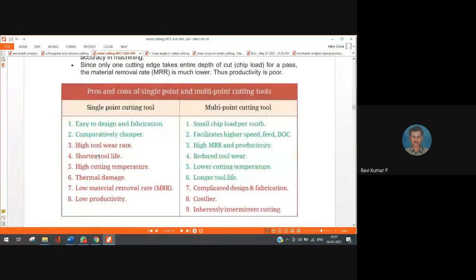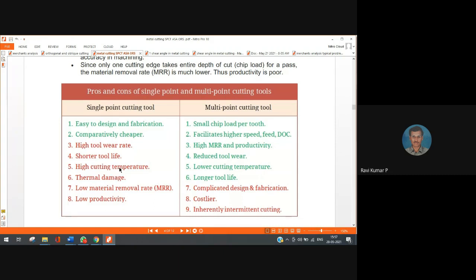When we talk about single point versus multi-point cutting tools, we have their relative advantages and limitations. Single point cutting tool is easy to design and fabricate, fabricate meaning grinding those surfaces. It is comparatively cheaper, but you cannot have longer tool life.